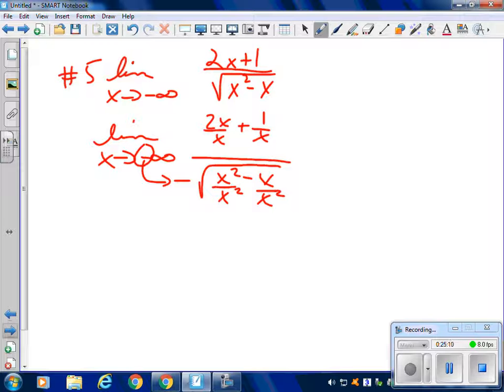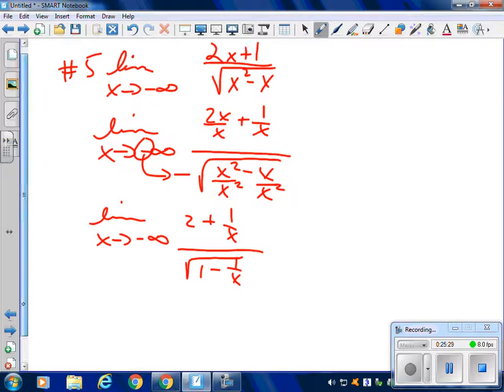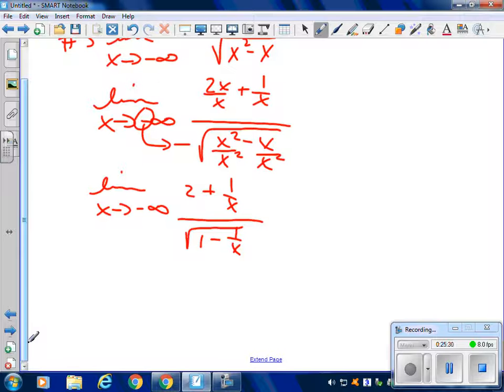Okay, so now we can do a bunch of reducing. The limit of x as it approaches negative infinity of 2 plus 1 over x over the square root of 1 minus 1 over x. Now, as you put the limit on each one, you put it on the inside of the radical.